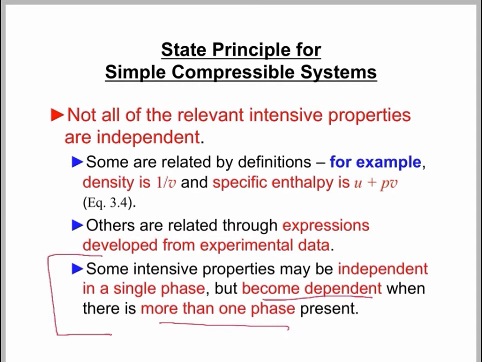But while that temperature is remaining constant and the pressure remains constant, the specific volume will expand as more and more of that liquid water at 100 degrees is vaporizing and turning into vapor. Therefore, on average, the specific volume will be increasing even though the temperature and the pressure have been the same. So when you have more than one phase, some parameters or properties are not independent.